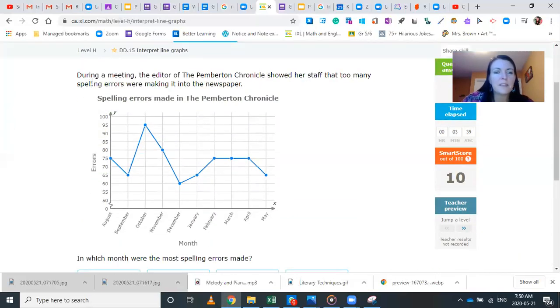During a meeting, the editor of the Pemberton Chronicle showed her staff that too many spelling errors were making it into the newspaper. Spelling errors made in the Pemberton Chronicle. So 100 errors. Wow, this year 95 spelling errors made it into that newspaper. That's quite a lot. And these are the months, right? See the heading?